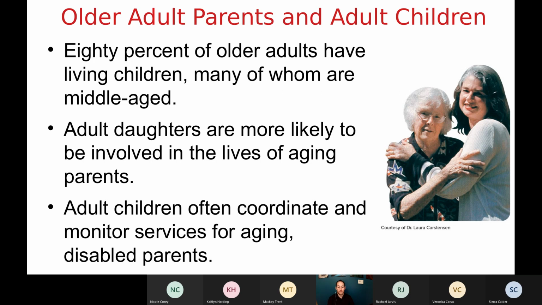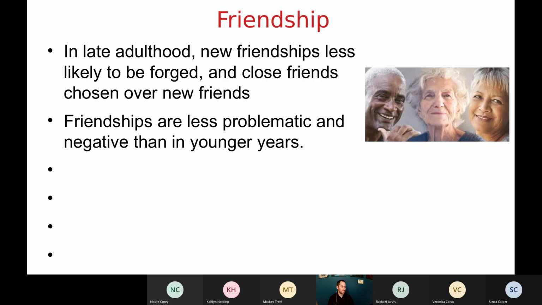Maybe they need to go to a doctor's appointment on Wednesday, and the child that the late adult lives with is going to be at work, can't take them during that time, so oftentimes they're relying on other siblings. This can cause conflict for those siblings. It can also be challenging and anxiety inducing for the late adult, especially if they're not able to drive themselves to, say, a doctor's appointment in that specific example.